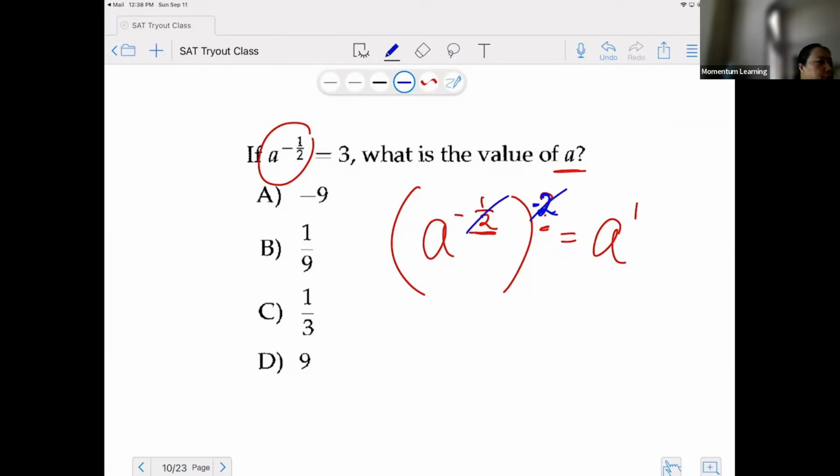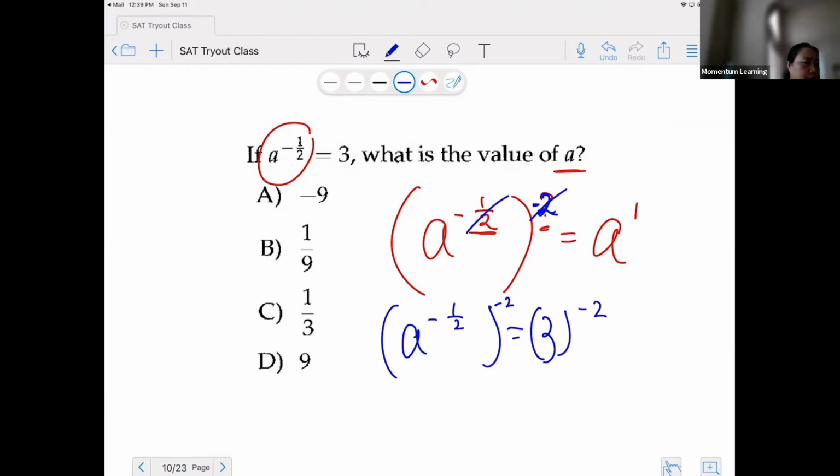I know this one equals 3, right? Now, if I raise both sides to the -2, the left side will be just a by itself, and then 3 to the power of -2, that's something you're very comfortable with. It's 1/9. You change that to a positive exponent, but do the reciprocal.